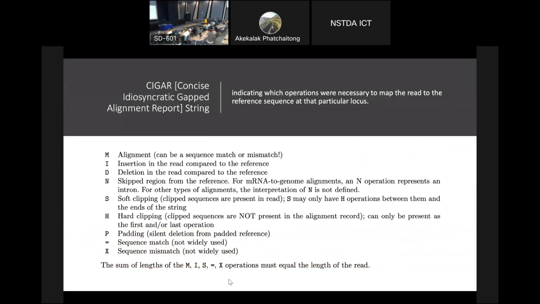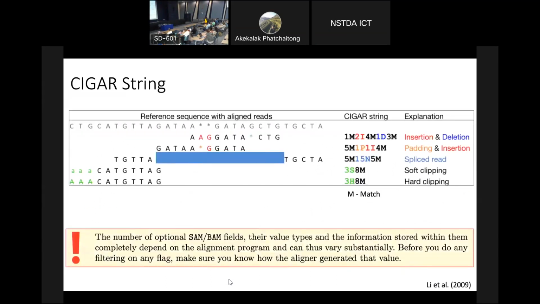You can read this. And this is an example of how they convert an alignment into a CIGAR string: one match, then 2 indel, then 4 match, and then 3 match. So you got 3M over here. The red ones are insertions, and the blue ones represent deletions.